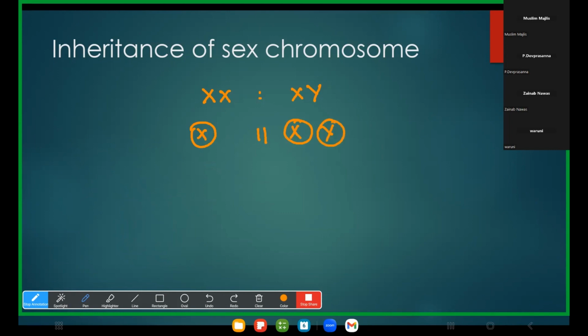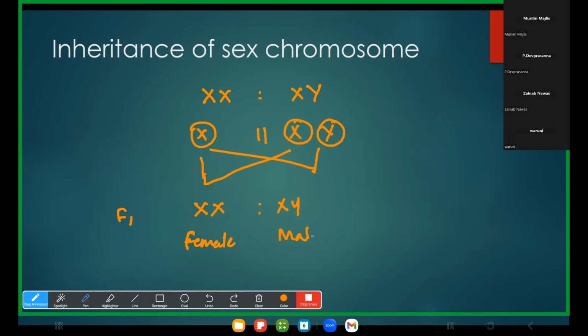So when this X and this X combine, they would give XX genotype, the F1 generation. This would give the offspring female, whereas when X gamete and the Y gamete join, they would give the phenotype male.